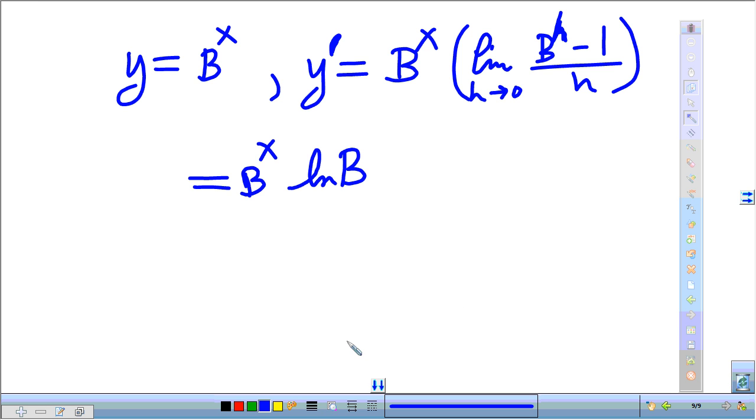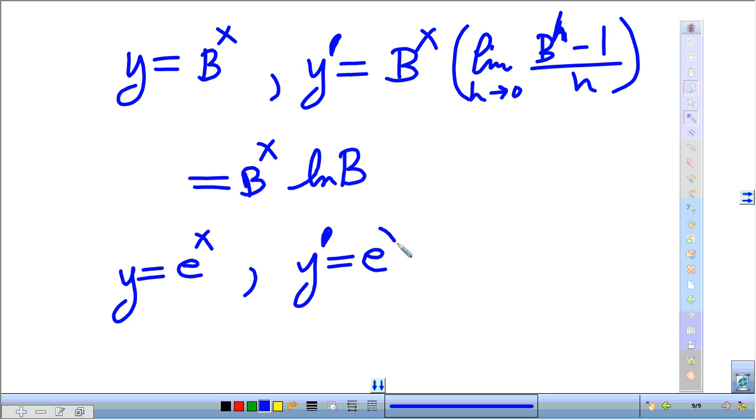So we have that general rule, but if we take the exponential with the natural number e, the derivative is the same exponential. The natural log, or that extra limit factor, is chosen to be 1. That's how e is defined.